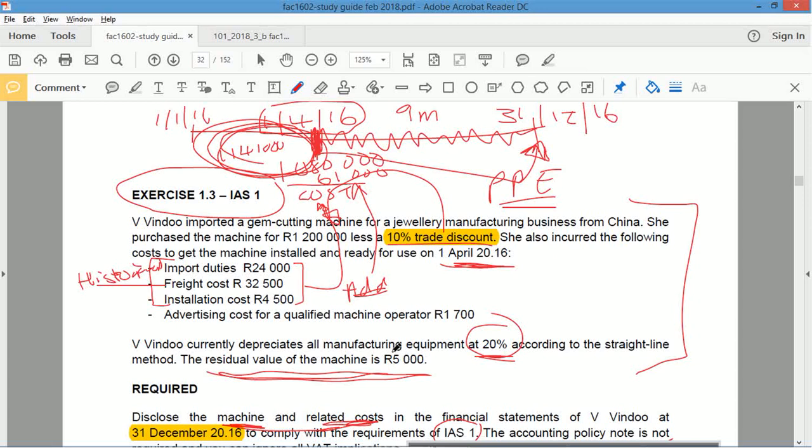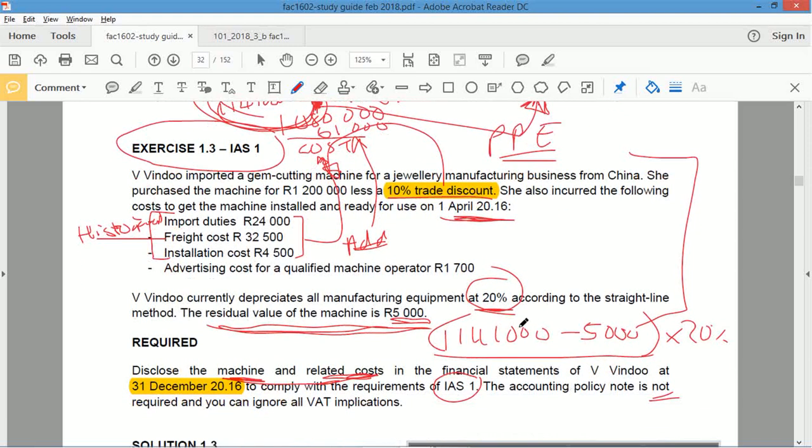So that means I'm not going to depreciate all of this 141,000 because a portion of it is a residual value. So 141,000 minus residual value, divided by, well, 20% is 5 years, so divide by 5. Or, if you want to, times by 20%. Does that make sense?